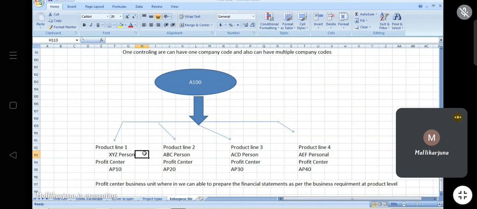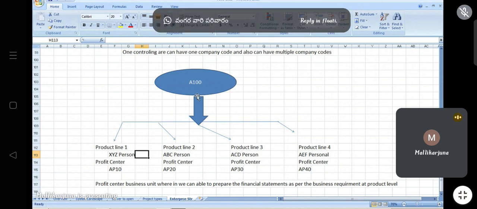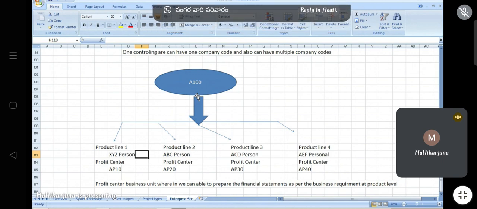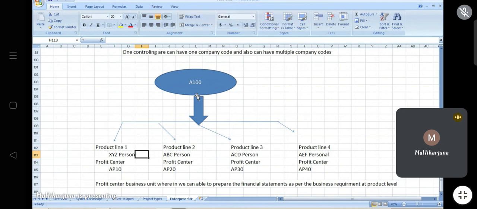So meaning to say, a company can have a number of profit centers. It depends on the product lines, at what level they want to decide the profit center. Here we are talking about product line. Let's say this company has operations or plants across India. Now how do they want to classify the profit center?